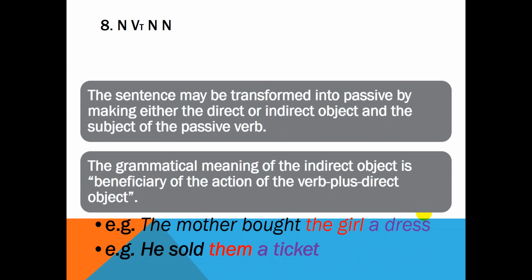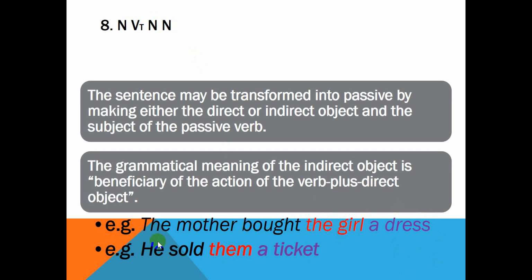This is pattern 8. Pattern 8 has the form of noun or noun phrase, transitive verb, noun, noun, so now there are 3 nouns. The first noun is the subject, the second noun is the indirect object, and the last one is the direct object.